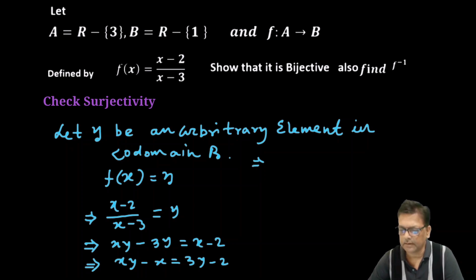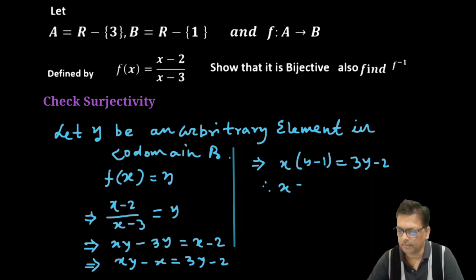which implies that x into (y minus 1) equal to 3y minus 2. Therefore, x equal to (3y minus 2) divided by (y minus 1).